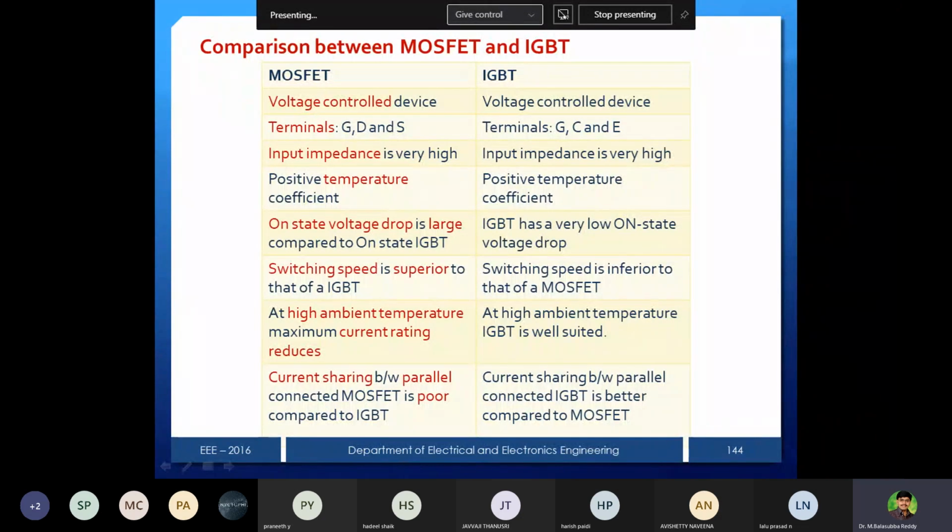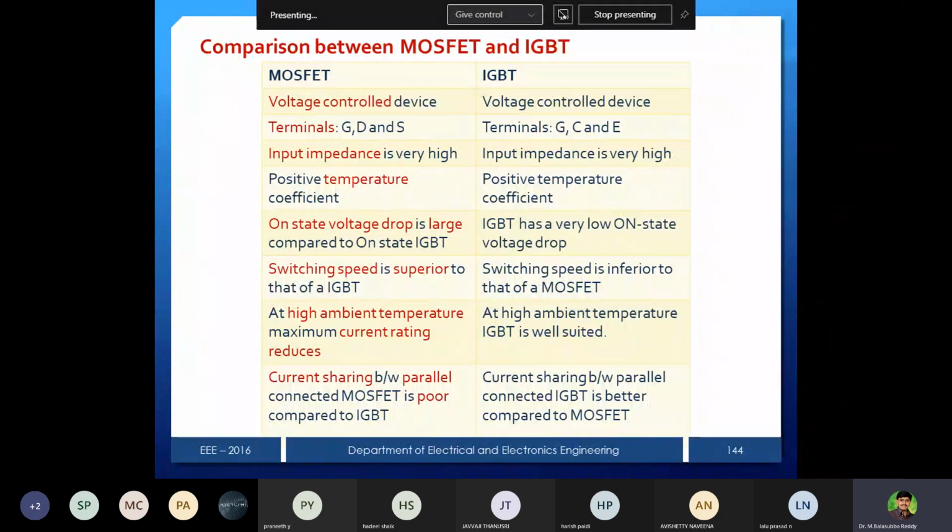So in the MOSFET and IGBT case, both are voltage control devices. The MOSFET terminals are gate, drain, source, whereas the IGBT terminals are gate, collector and emitter. Input impedance is very high in both, because both have a MOSFET on the input side, and the positive temperature coefficient is the same in both cases.